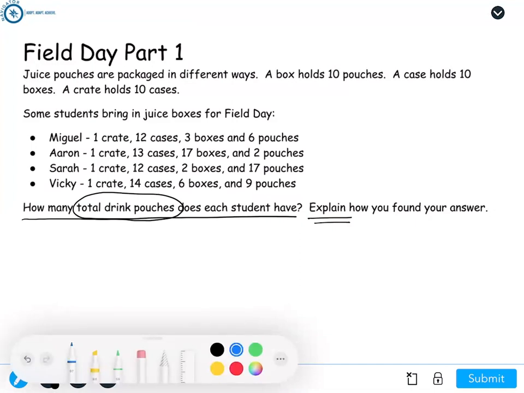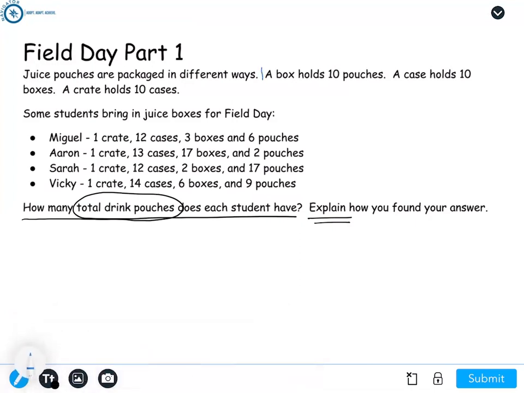We know that a box holds 10 pouches. Okay, so we can write that down. 1 box is equal to 10 pouches. And then we can see that a case holds 10 boxes.